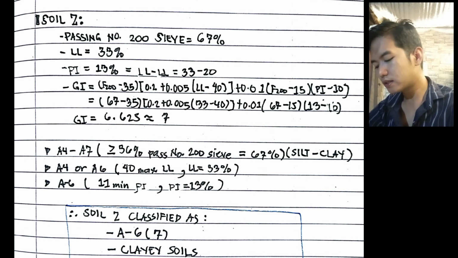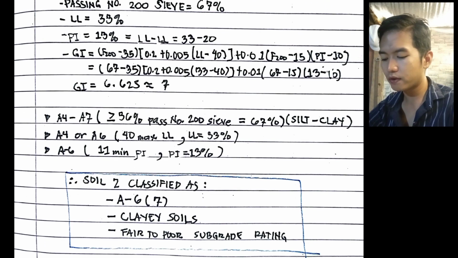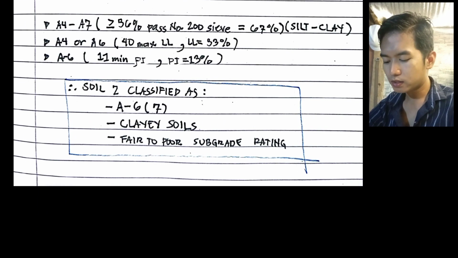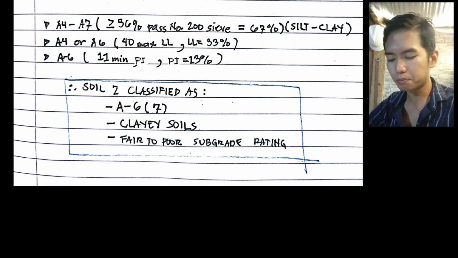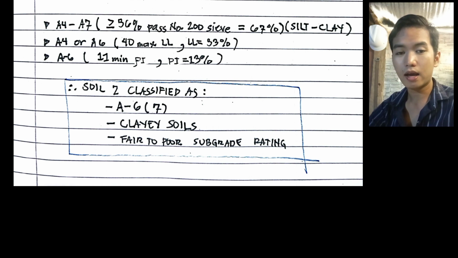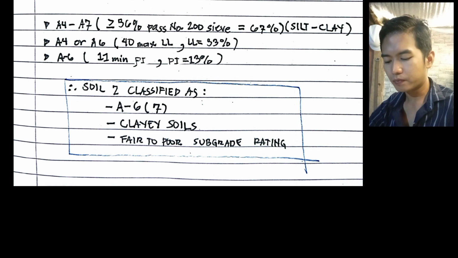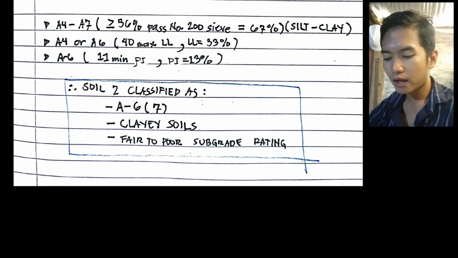And by finalization of its classification, that is A6, because the minimum plasticity index is 11, and we have a plasticity index of 13%, therefore it is A6. In conclusion, soil Z can be classified as A-6(7). It is a clay soil, with a fair to poor subgrade rating. So that will be all. Thank you and bye.